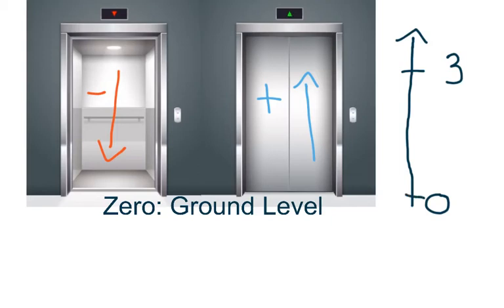But let's say maybe we're a little older and we work at the hotel and we need to go to the basement. So we're going to go below ground level to the basement floor. And that is going to be negative 1 because we're going to go down 1 floor to the basement.